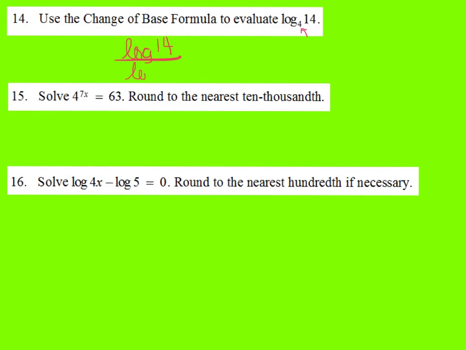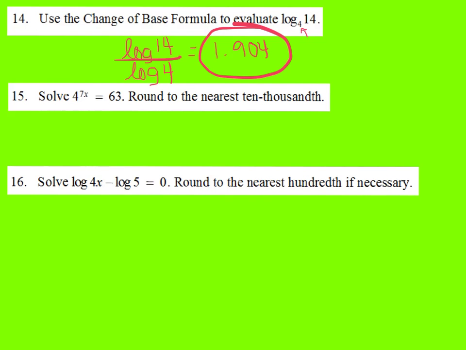I want my base down low. This I can put into my calculator. Remember though, when you enter it, you need to say log 14, close your parentheses, divided by log 4. When you do that, your calculator will spit out 1.904.